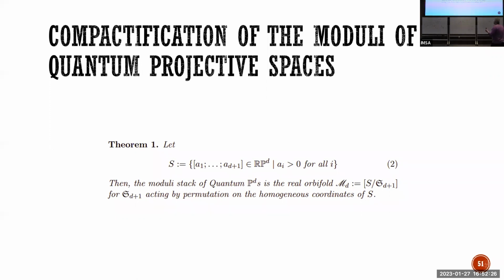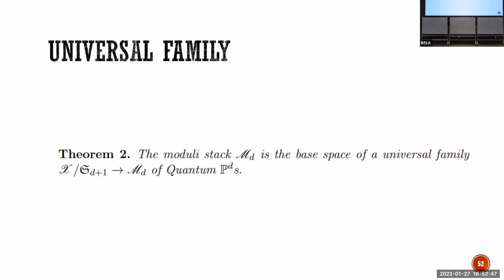This moduli space has irrational points of the weighted projective spaces. We have the weighted projective spaces that are the rational points. The irrational points are truly non-commutative projective spaces. And it's an open thing. Here you have a universal family in the open thing.